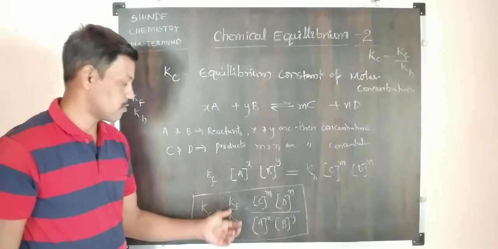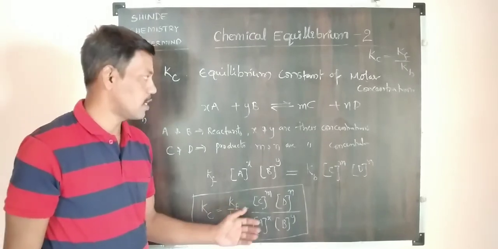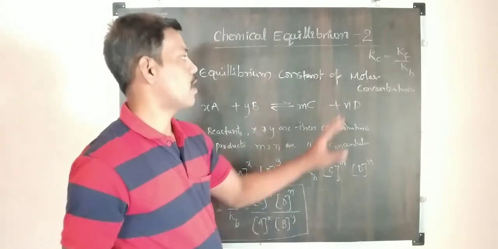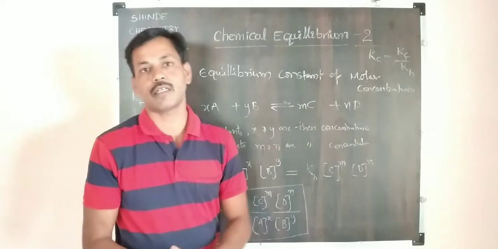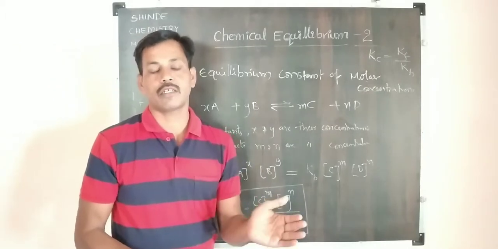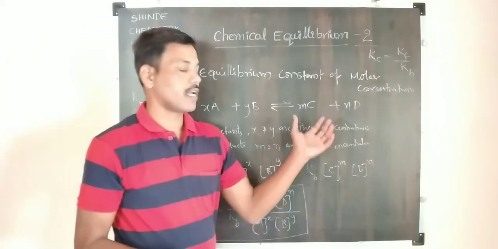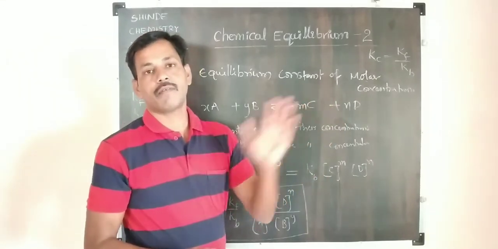Here Kc is equal to Kf by Kb. At any equilibrium constant, molar concentrations are to be considered. The molar concentrations of reactant and product indicate the rate of reaction.